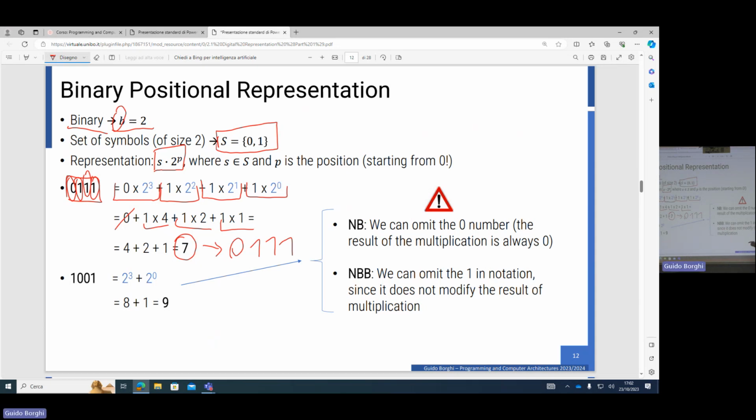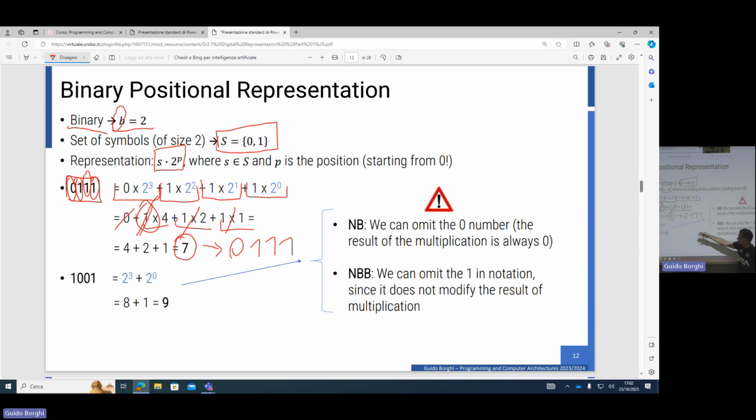We can also omit the 1, since the 1 doesn't modify the result of the multiplication, okay? Since 1 times 2 is 2, 1 times 1 is 1, 1 times 4 is 4. So we can omit also the part about 1 times. We can omit this part.